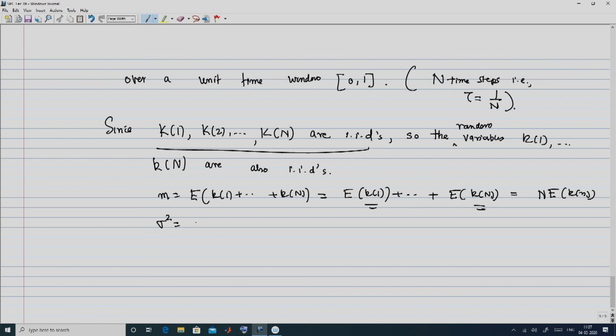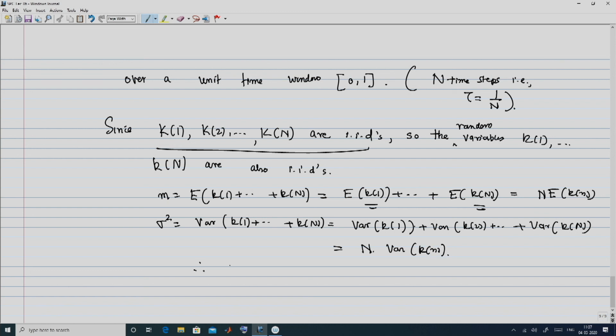Similarly, sigma square is what? It is basically variance of k1 all the way to kn, and since these are independent, the covariance terms will not show up. So, this is going to be simply n into variance of kn.